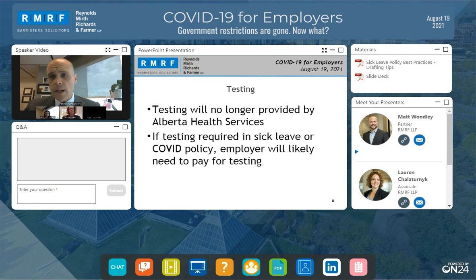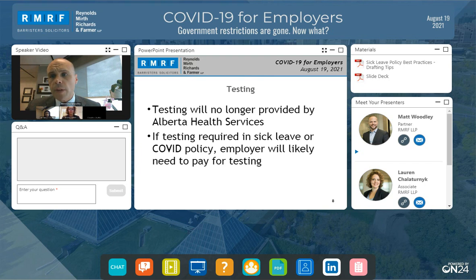This is a developing area, and of course it's developing principally because we know that the province is going to be and has been reducing the circumstances in which they will allow a COVID test to take place, and that ultimately there will not be testing for symptomatic cases down the road as we move to an endemic approach to COVID-19.